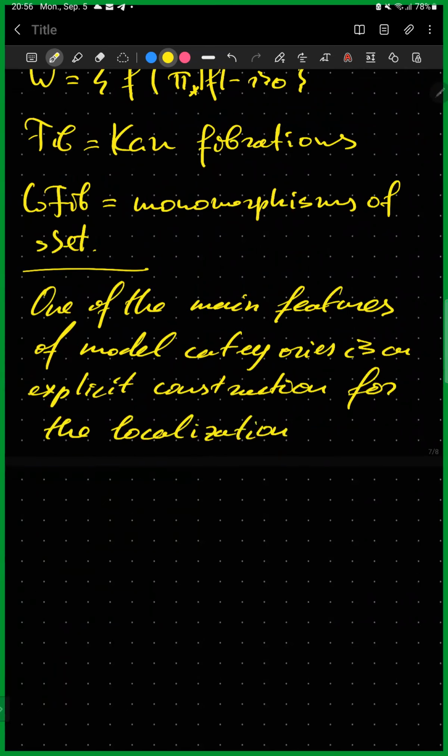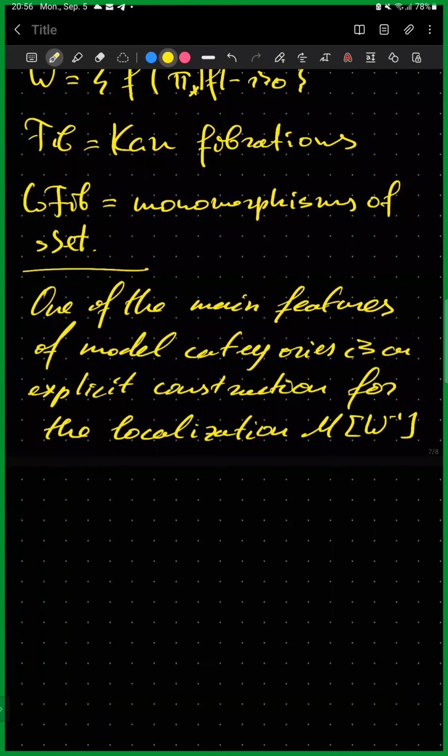So generally speaking, if we just have some category and we want to localize it, we may obtain something very strange, in the sense that we may have some set theoretical difficulties arising from the fact that morphisms in the localization are just zigzags of morphisms from the initial category with some arrows from this subcategory.